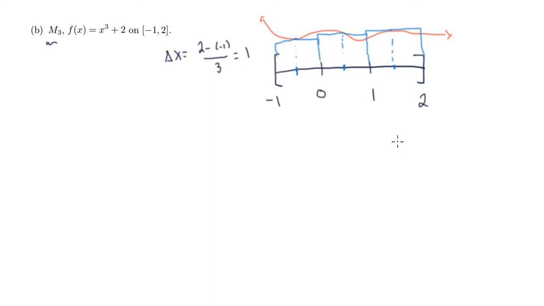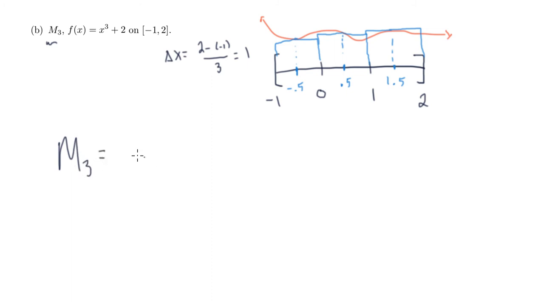Okay, so what is the midpoint of each of these subintervals? Well, that's not really too hard to see that this is -0.5. If I really wanted to think hard, I could just add these two endpoints, the left and the right endpoint, and divide them by 2. So this will be 0.5, and this will be 1.5. Okay, but now it's really easy to see what M3 is.